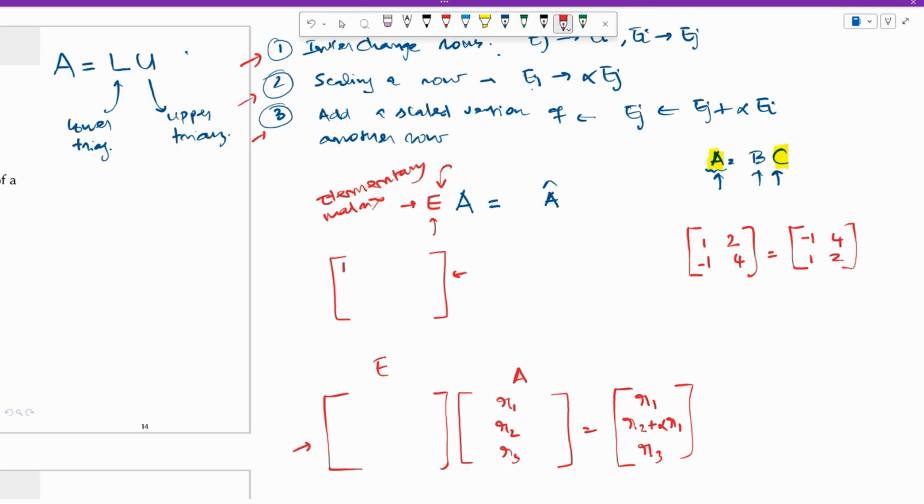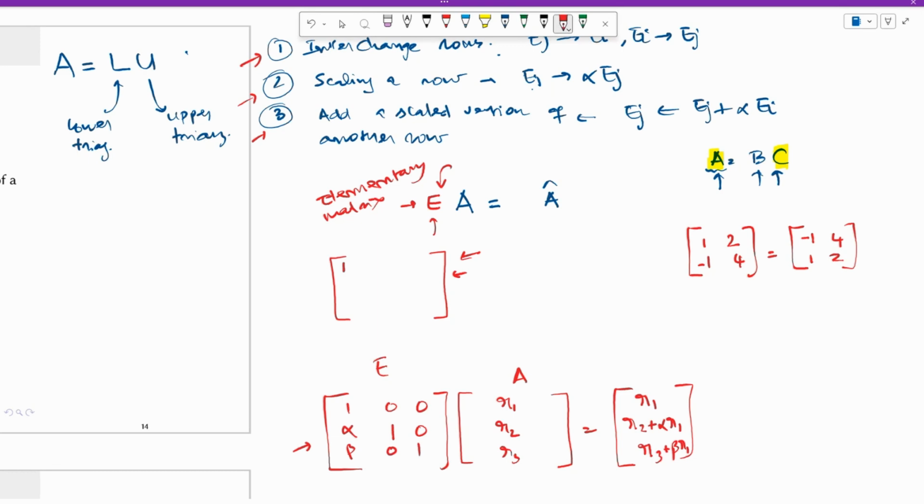Now tell me what this E matrix will be. That's all. Once you get this, then what if I wanted to do this? Yeah, that's essentially your third elementary matrix.